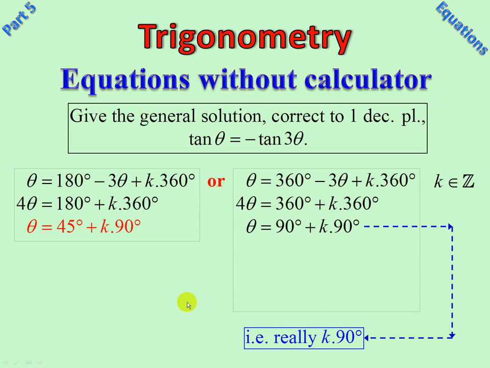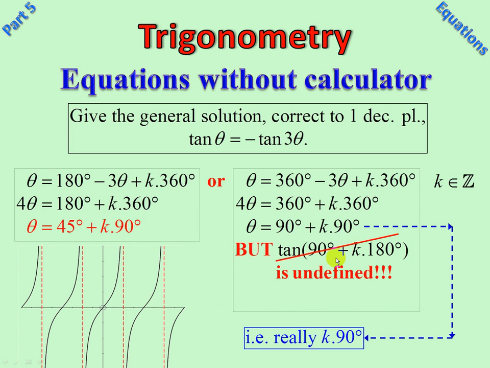Now be careful, because do you remember that, in fact, tan of 90 is undefined. Tan of 270 is undefined. So tan is undefined at 90 and then every 180 degrees. In other words, tan is undefined at 90 plus K180.